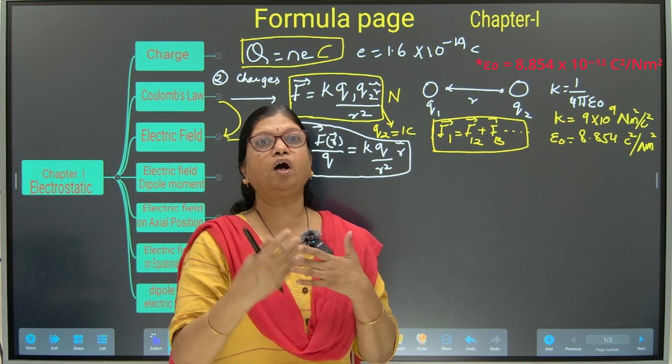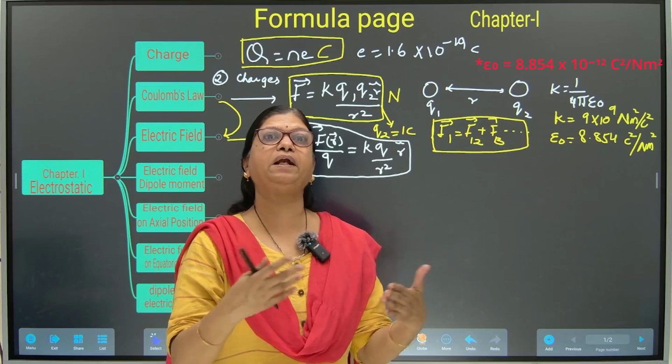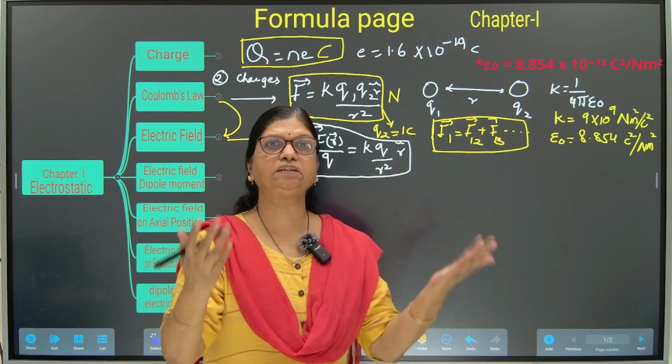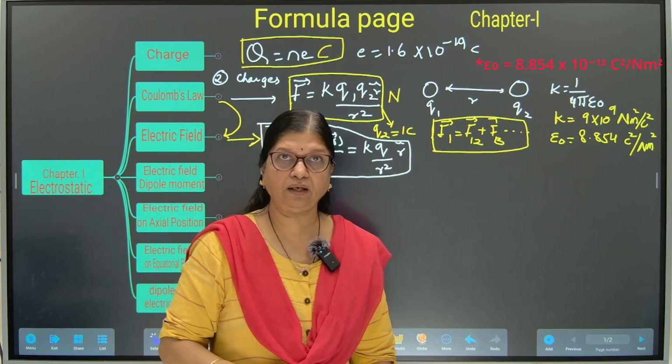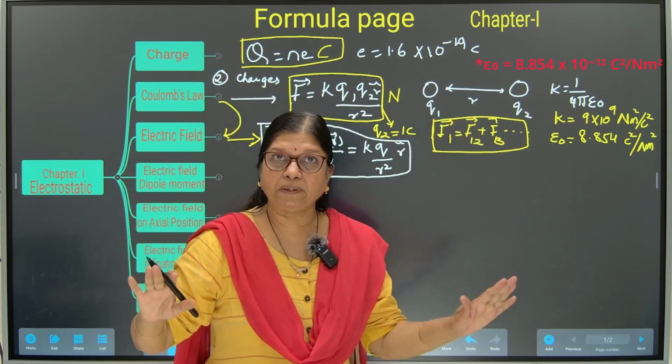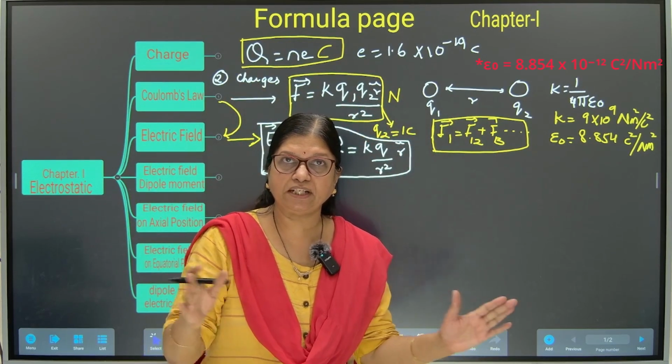Correct? So what can be the electric field due to multiple charges? I have many charges Q1, Q2, Q3, Qn. Then what is the electric field due to the presence of all these charges in free space?